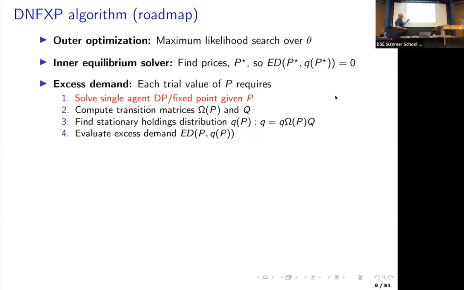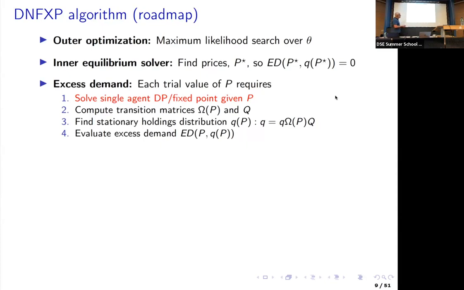Okay, from that, you can compute the state transition. I glanced a little over this at the end, but Theo is going to explain that in detail. That depends on the prices, right? Because it depends on choice problems that in turn depend on the prices. So it's going to be something called the trade transition matrix, and then there's the aging matrix. Together, that gives you the state transition matrix.